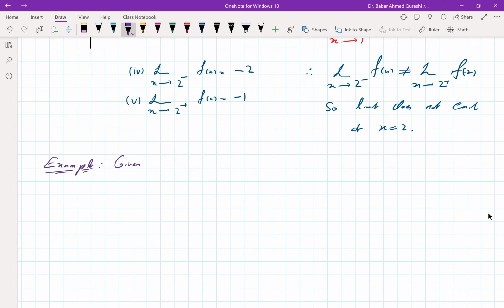Given that limit is 10. Find limit x going to 1 of f of x.